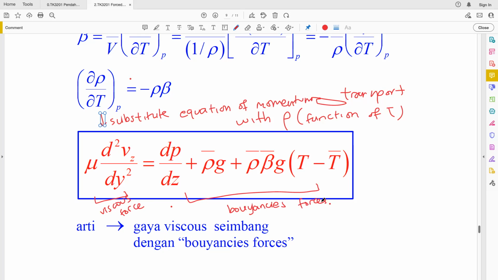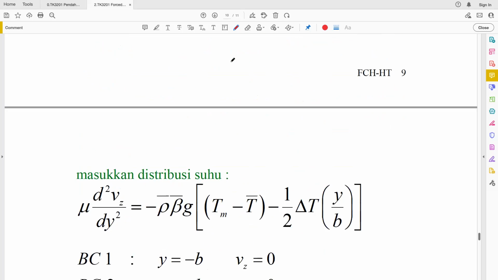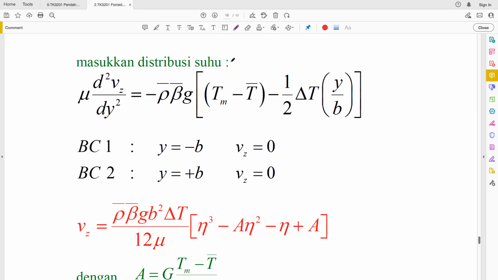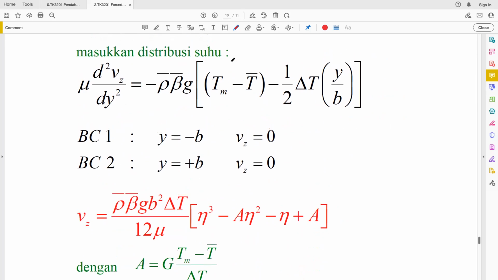Okay, and because of this viscous force and also the buoyancy force, that would be a free convection. There would be a temperature difference because of the viscous force and also the buoyancy force. So if we want, we can get the temperature distribution over here.